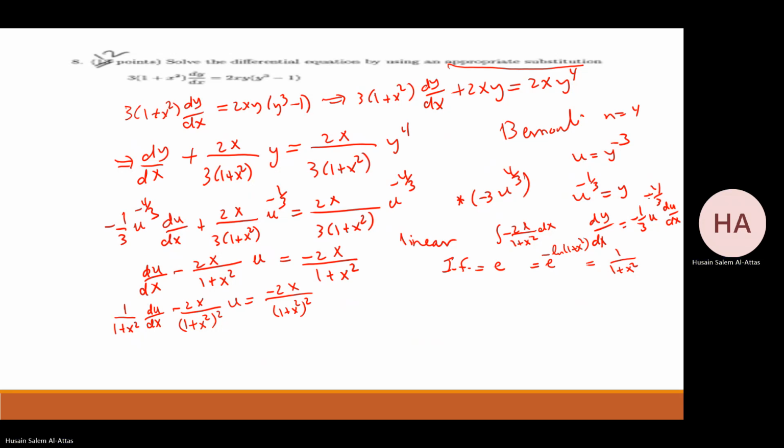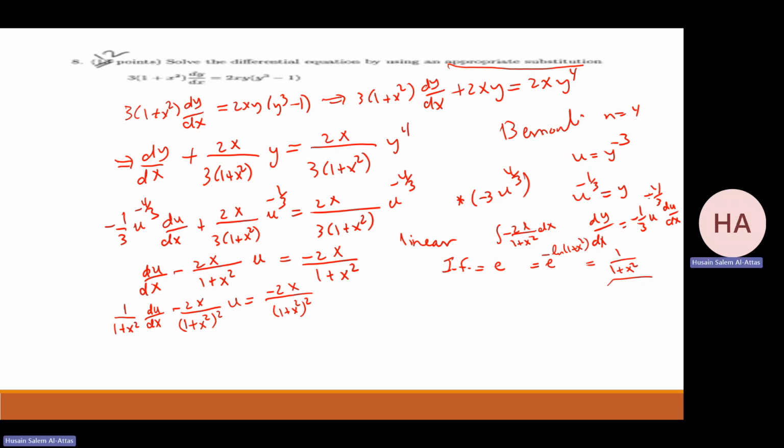It seems there's a mistake here somewhere. Multiply by this, that will be the denominator when I divide.